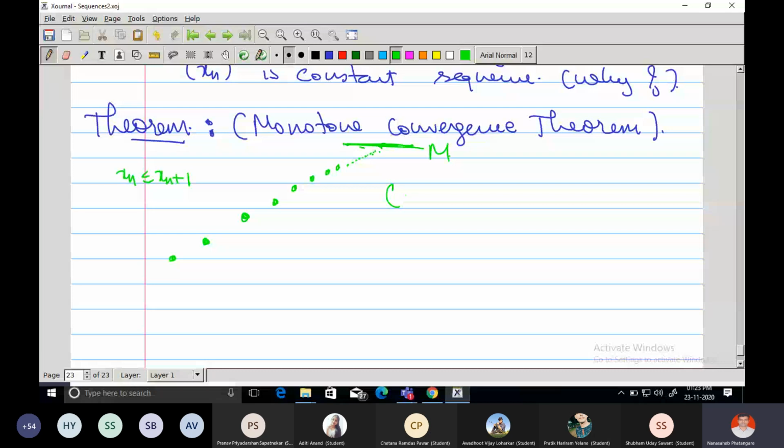Okay, look at this sequence 1 minus 1 by n. Is it increasing? Yes, sir. Right, so you look at x1 is strictly less than x2 is strictly less than x3. This situation is possible at each stage, right? And moreover, one more thing is happening: all terms are less than or equal to 1.